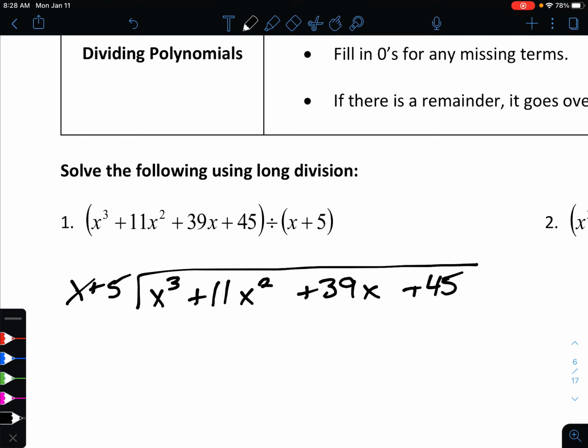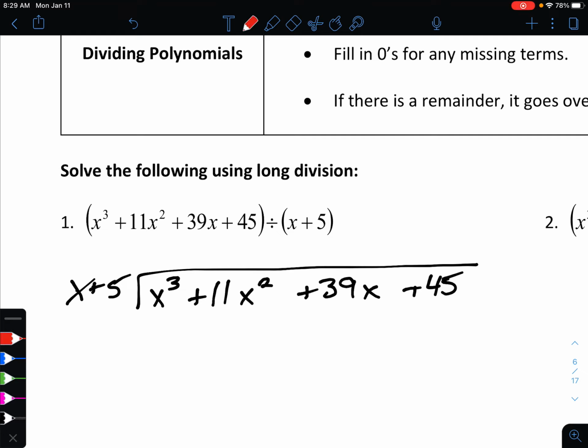Now, this is a good point to check that you're not missing any terms. We do go from 3 to 2 down to 1 to 0, so we are good as far as being in standard form and as far as placeholders. The x plus 5 is also in standard form and does not need any placeholders.